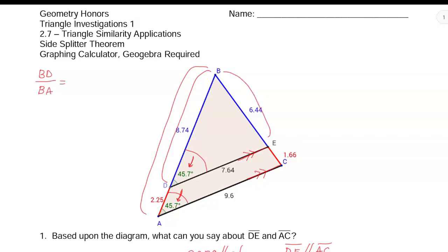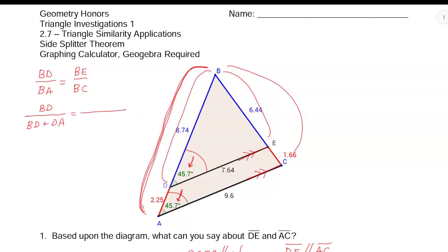So I'm going to write BE for the smaller triangle over BC for the larger triangle. I want to do some algebra with this proportion. I'm going to leave BD alone on the top, but I'm going to change BA. Notice BA is the left side of the big triangle, and it's made up of two segments. It's made up of BD and DA. So BD plus DA is the same as BA, the segment.